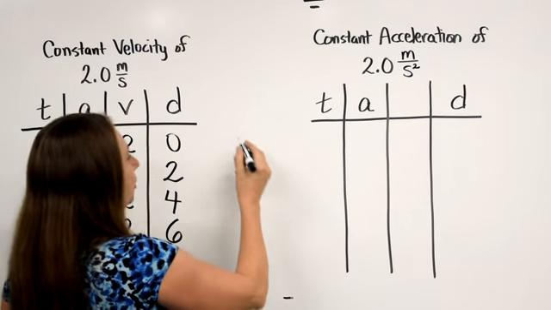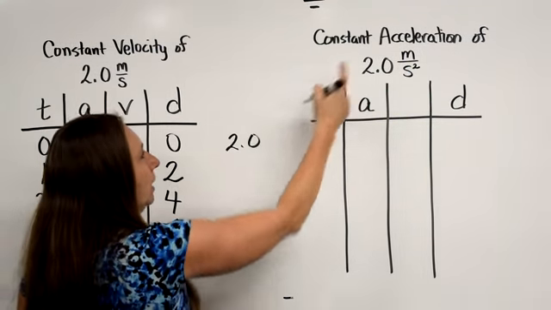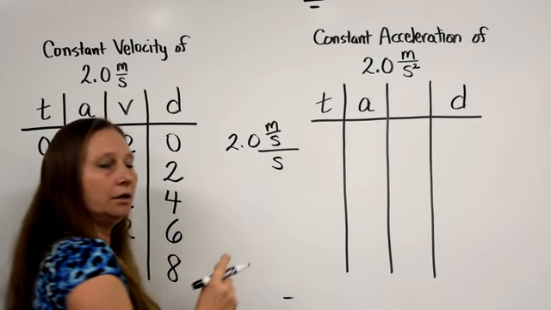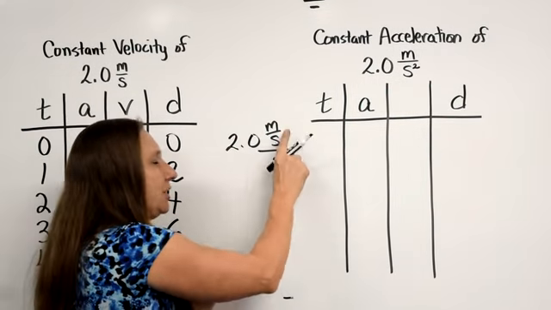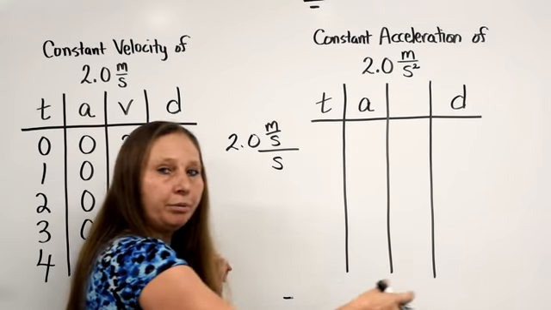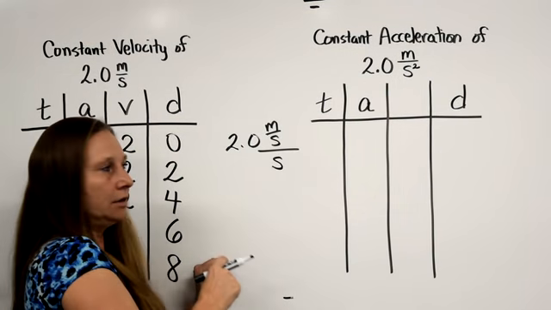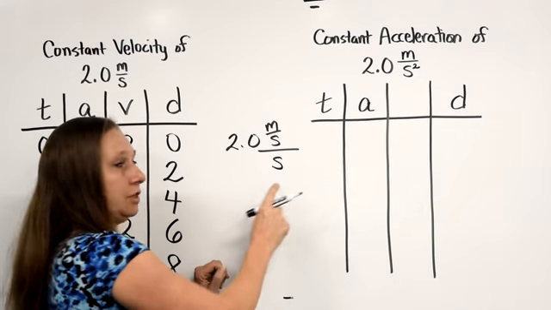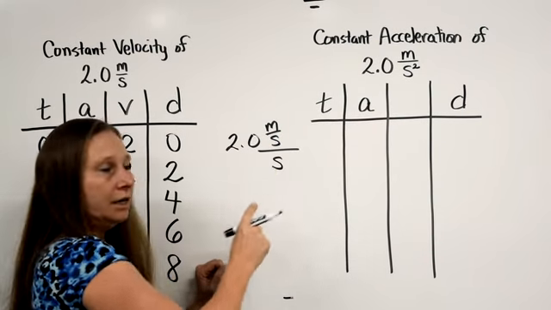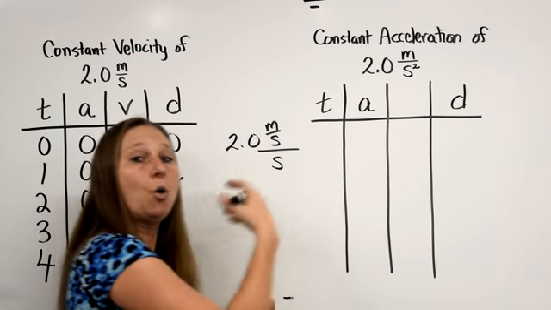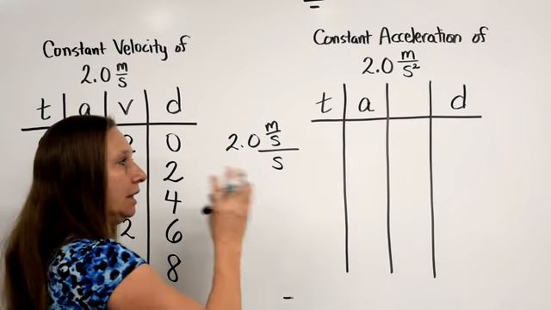Because what's changing, when you have an acceleration of 2 meters per second, your velocity is going up every second. So your velocity is going to change every second. You see how the meters per second is changing per second? Your velocity is going to go up 2 meters per second every second.